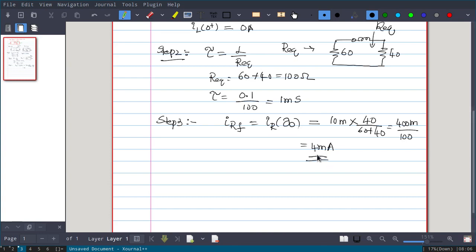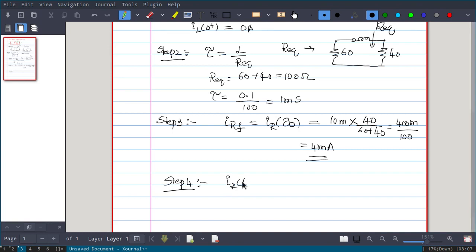So the initial current passing through the resistance was 10 milliampere, but at t equal to infinity, when t is very much greater than 0, the current passing through the resistance will finally be 4 milliampere. So step 4 is the complete response. It's a driven RL circuit.